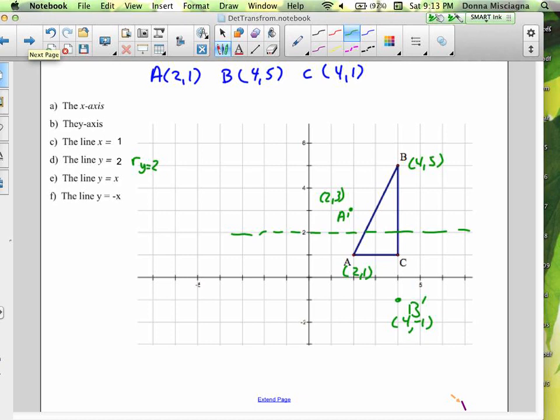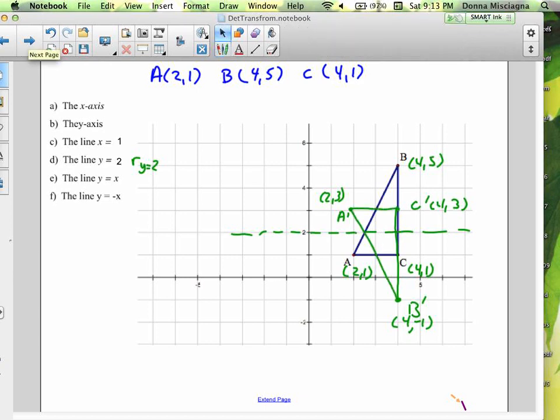And finally C, 1 away, just 1 the other way now. So this was at 4, 1. Now this is at 4, 3. And now we can draw it. And so notice whatever was above before is now below. And there we go. There's our reflection. 2 more to go. So this one's relatively quick.